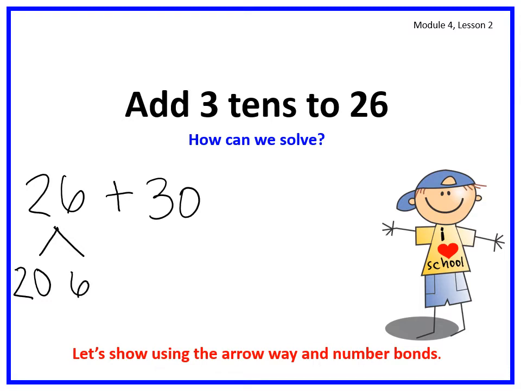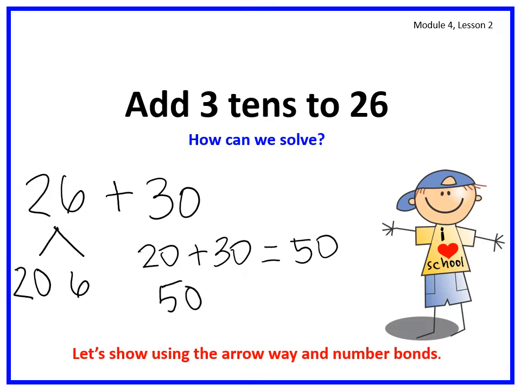My number sentence is 20 plus 30 equals 50. Then I take that 50 and add the 6 that's remaining. 50 plus 6 equals 56. So either way, the number bond or the arrow way.